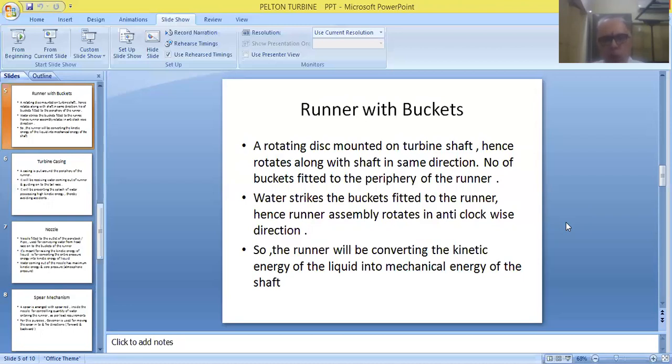Water will be striking the blades of the runner, so the runner will be rotating in anti-clockwise direction. During this period, it will be converting the kinetic energy of the liquid into mechanical energy of the shaft. So this is about the arrangement of the runner.